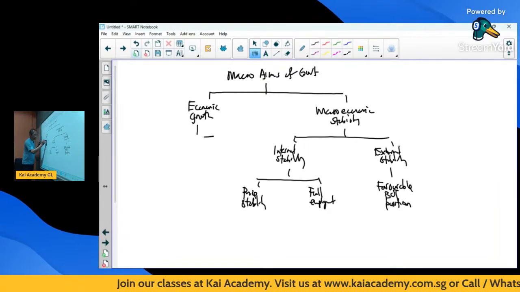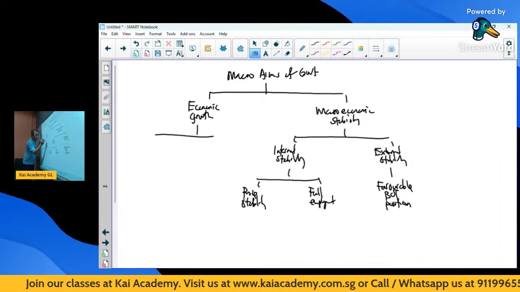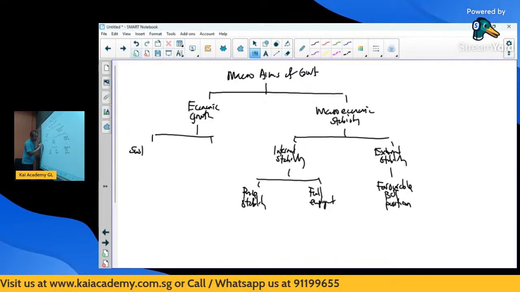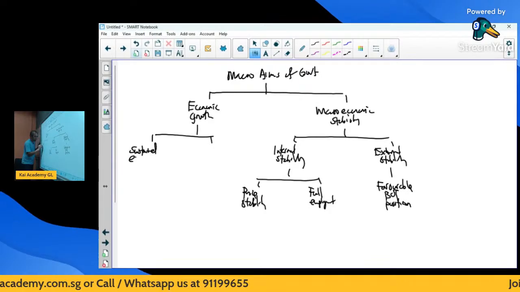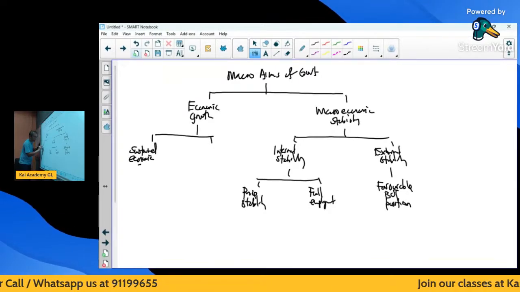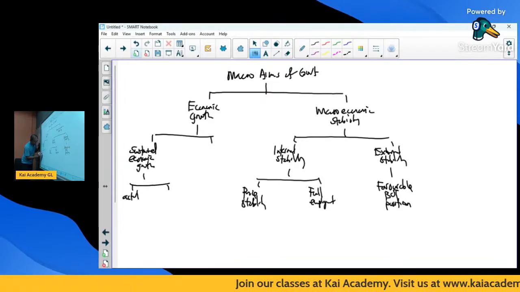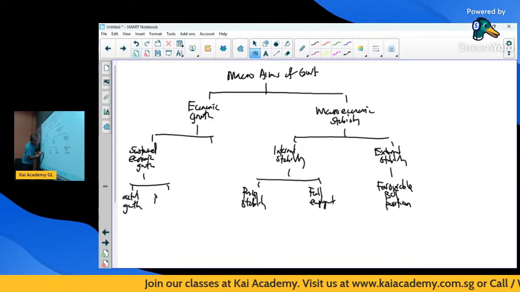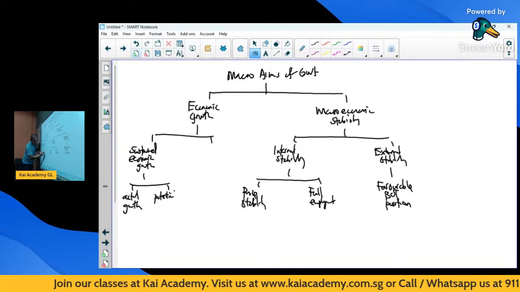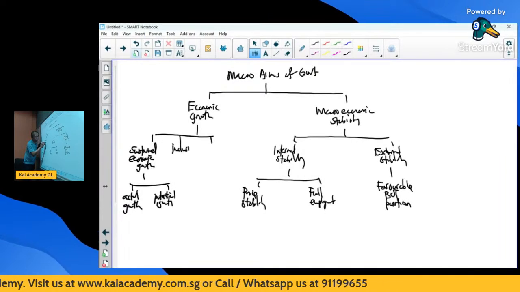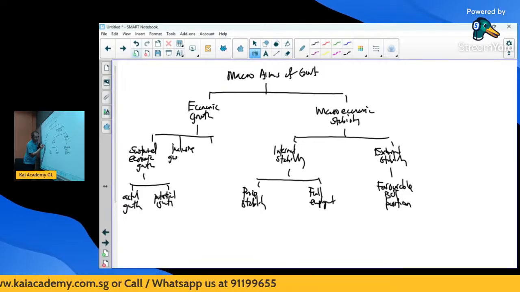Then, under economic growth, you can have what is called sustained economic growth, which includes actual growth and potential growth. Then you can have inclusive growth, as what was asked earlier in the video.